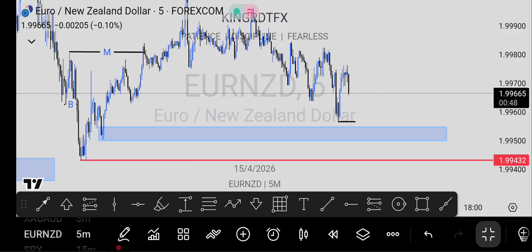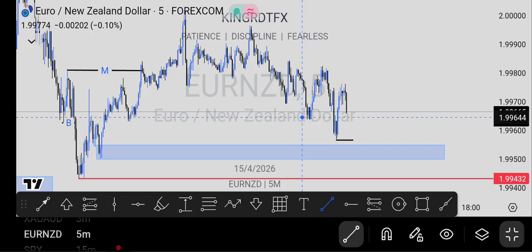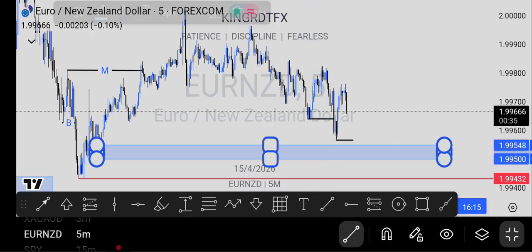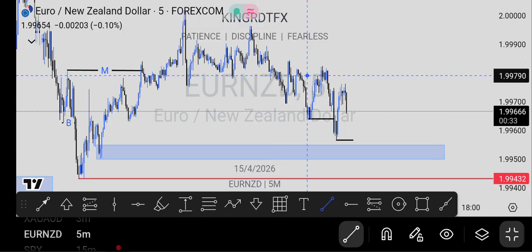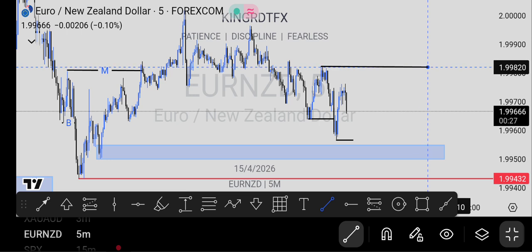Look at this. Even here now, price at the break of structure here, right? And we're expecting a market structure shift up here, right?